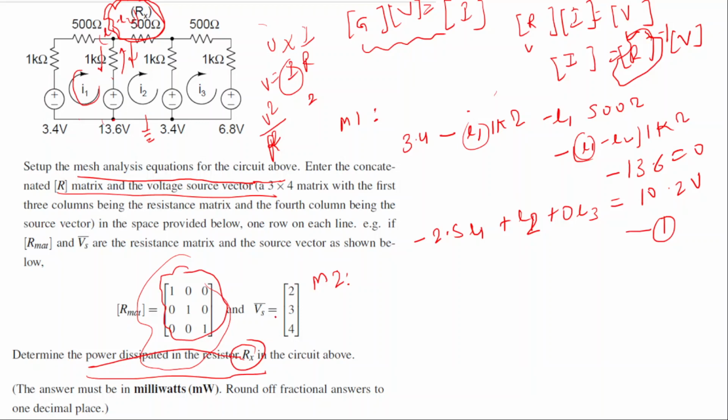If you write the mesh current equations, these are the coefficients of I1, similarly to how the G matrix was the coefficient of the B vector.